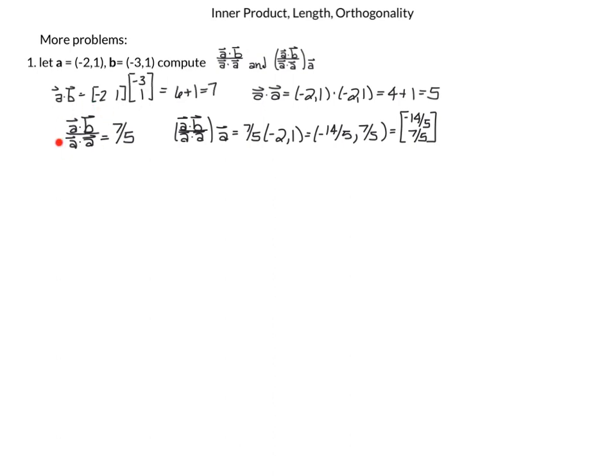So then A dot B divided by A dot A is just 7 divided by 5. And if we multiply by the vector A, that's 7/5 times the vector -2, 1, which is equal to -14/5 and 7/5, written as a vector in this fashion, -14/5, 7/5.